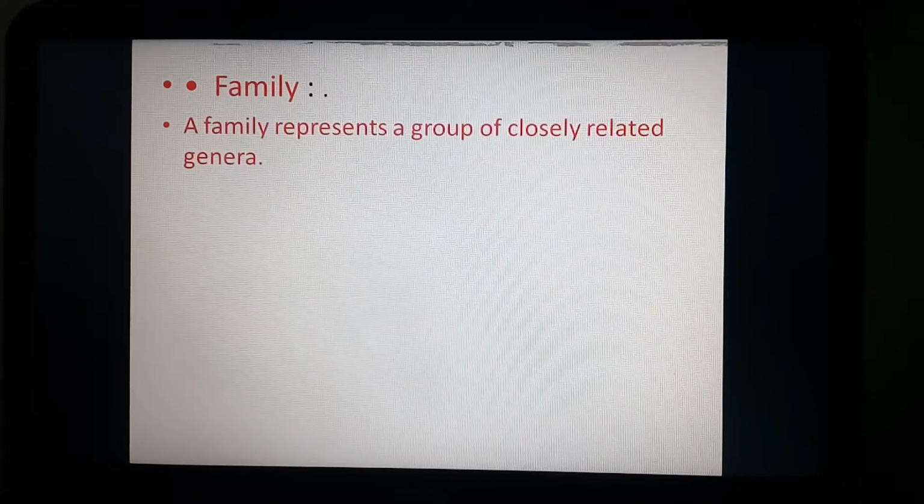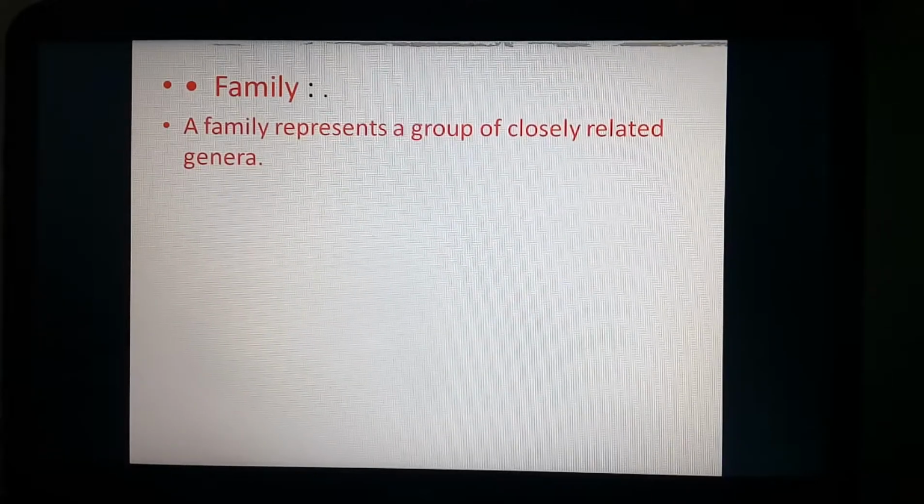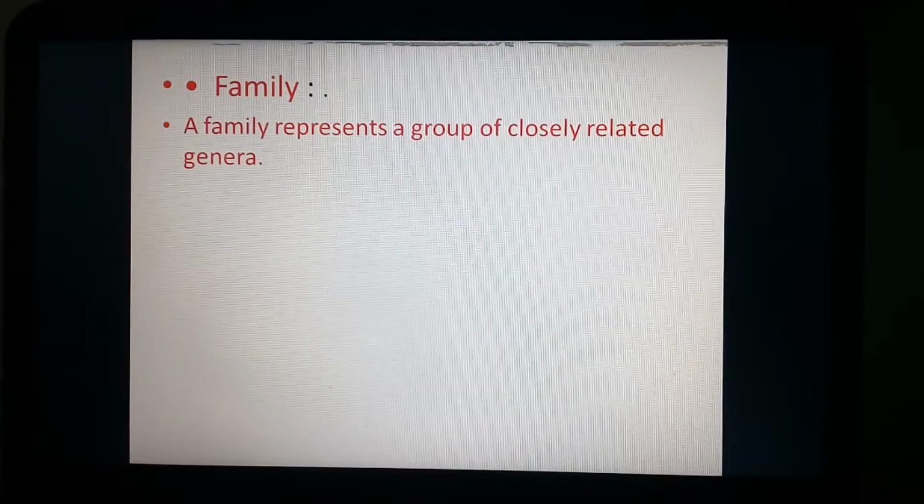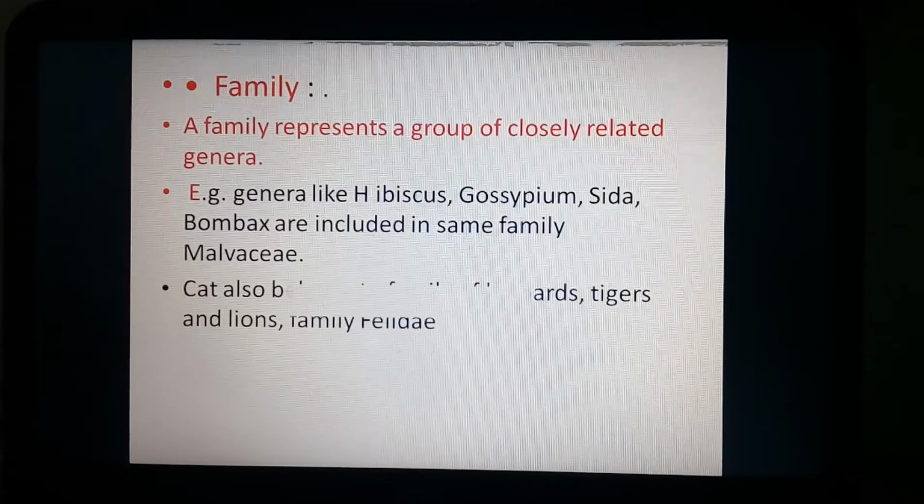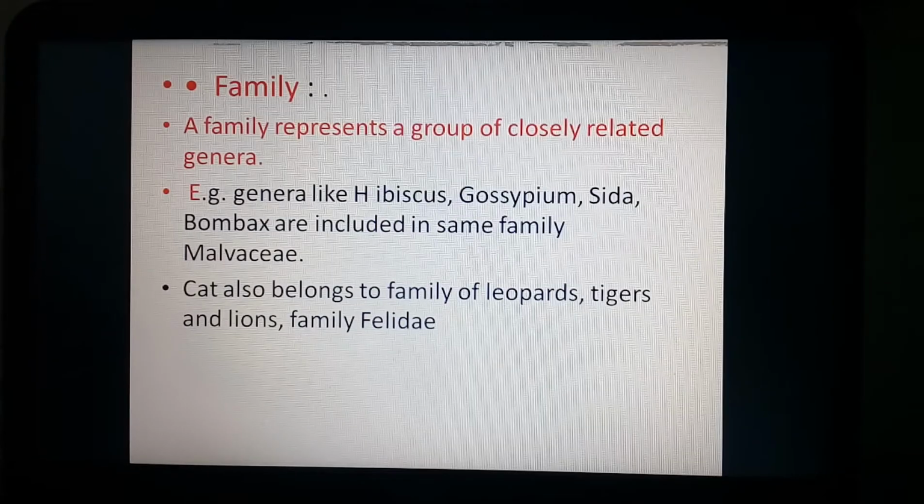The next, family. A family represents a group of closely related genera. For example, genera like hibiscus, gossypium, sida, bombax are included under the same family Malvaceae.